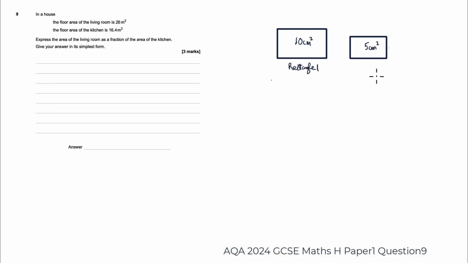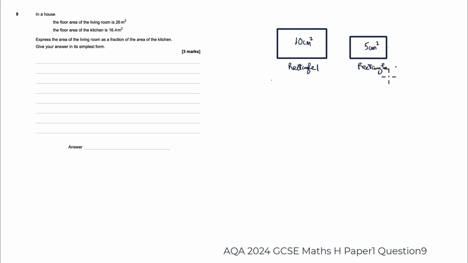I think what we should start with is a simpler example. Let's take these two rectangles and let's suppose that this one has an area of 10 square centimetres and that this one has an area of 5 square centimetres. We'll call this rectangle 1 and we'll call this one rectangle 2.